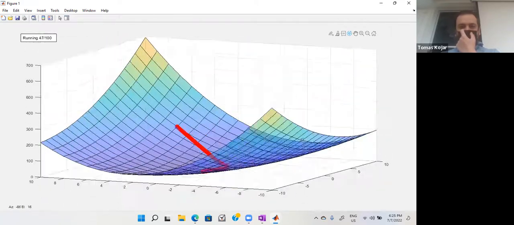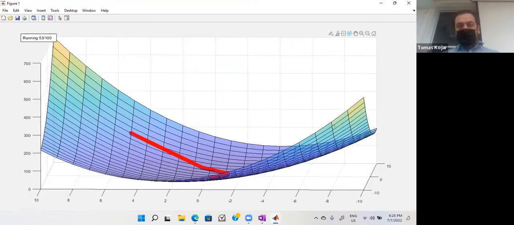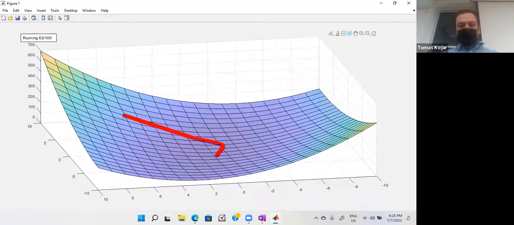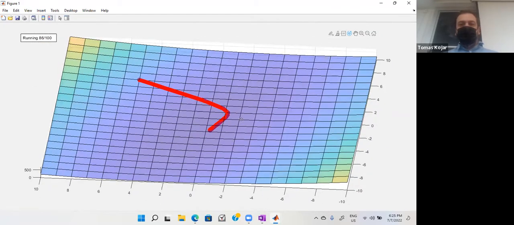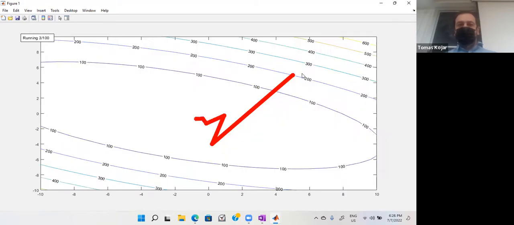We started from an initial point, and then the gradient descent just kept moving down, and then it made a turn. Now let me show that in the contour plot. It goes down, and then it zigzags to 0. It keeps running, actually.